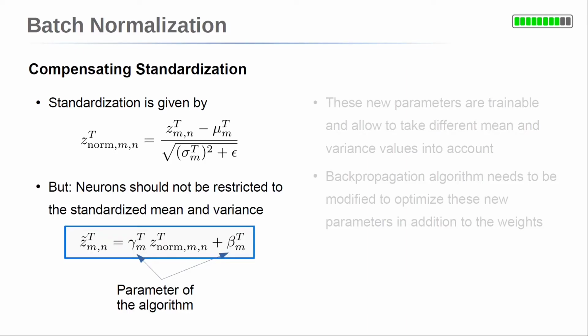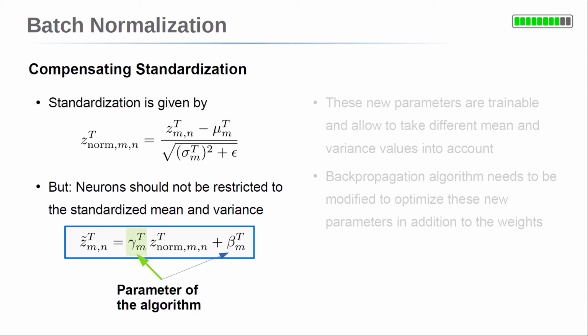But the input into the activation functions, so the standardized summations, should not be limited to mean 0 and variance 1. If necessary to fit the training data, a different mean or variance should be learnable for the neurons. Therefore, to restore the representation power of the network, parameters gamma m and beta m are introduced for each neuron in every layer.